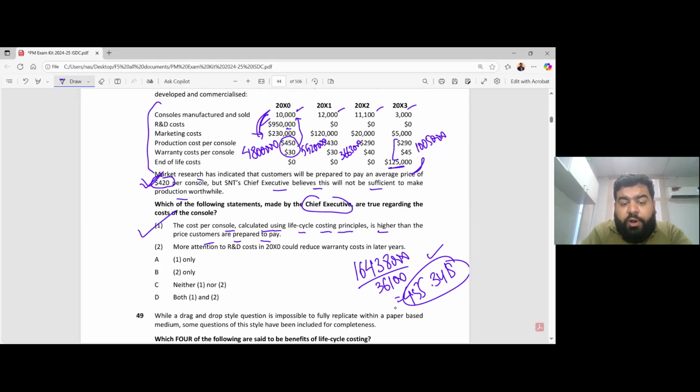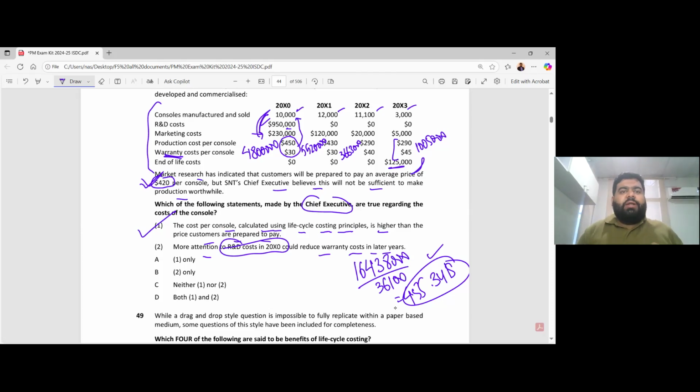Now the second point is that more attention to R&D cost could reduce warranty cost in later years. Basically, the CEO is saying that if you give more attention to R&D, meaning research and development, and incur a lot of cost there, this can reduce your warranty cost, because there is a warranty cost here. What is warranty?